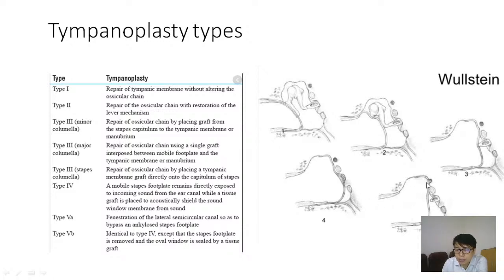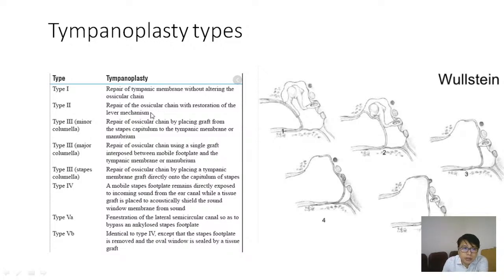When the sound strikes the graft, it goes into the lateral semicircular canal, the vestibule, and then the cochlea, and that's how the patient hears. Another option, type 5B, is where we remove the whole of the stapes, cover the oval window with a tissue, and create a phase difference by covering the round window. That is in brief type 1 to type 5 tympanoplasty.